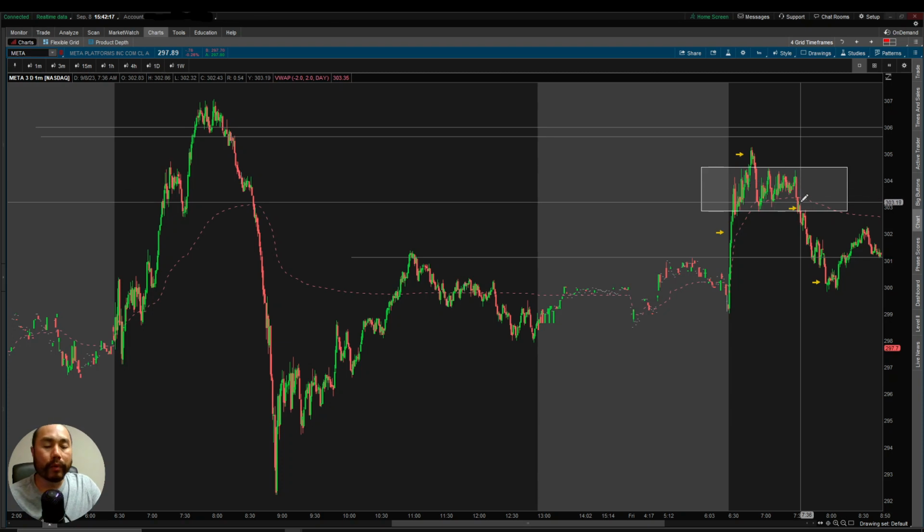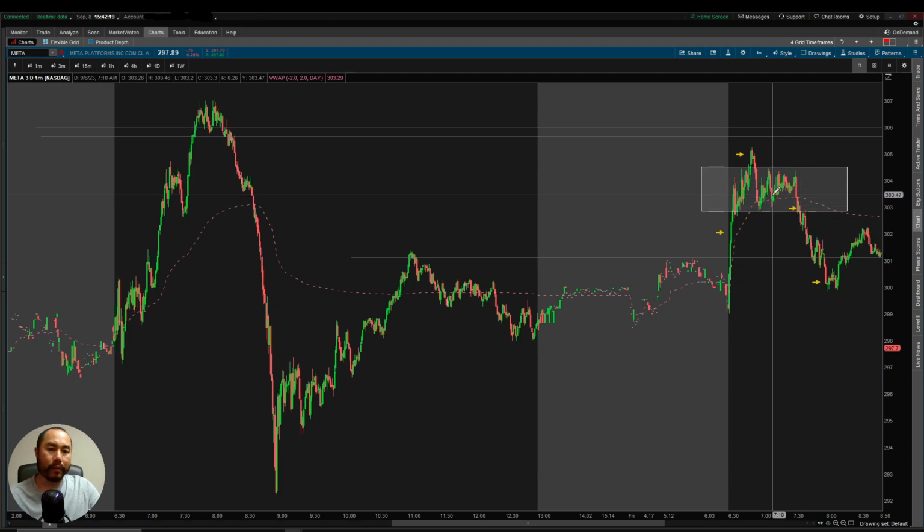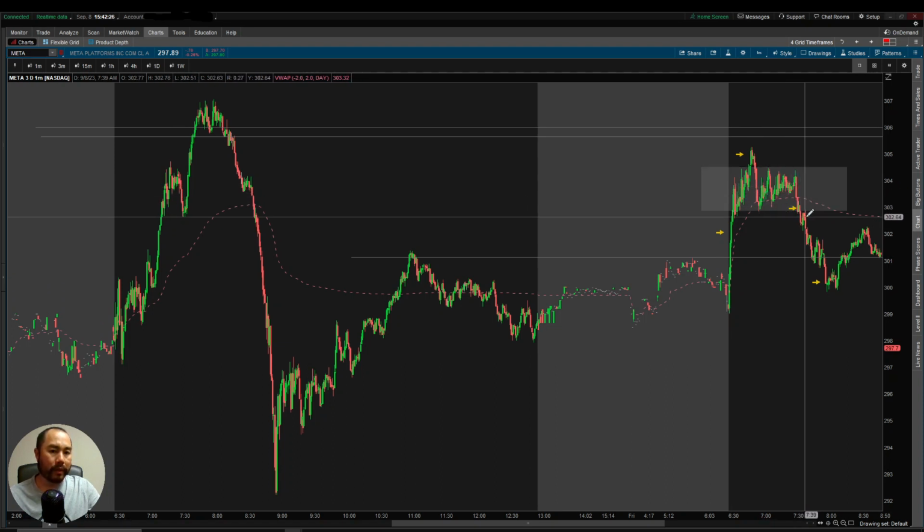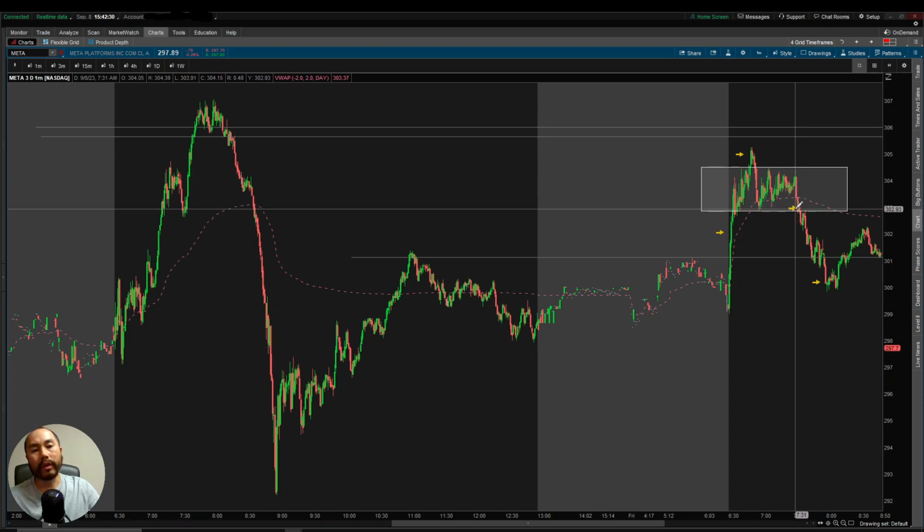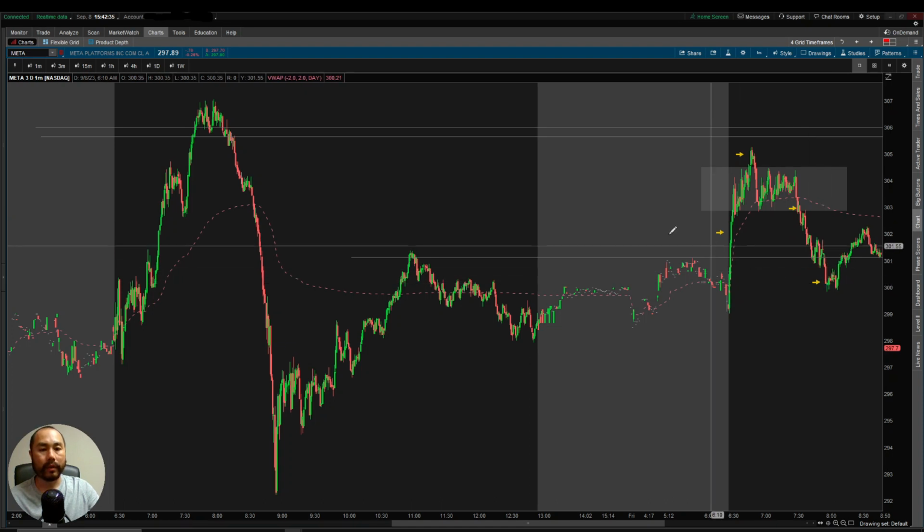So once it breaks this box, like I was giving it to VWAP. This is my VWAP. And if it breaks down on VWAP like this, see this arrow, this is where I got in. This is where I shorted. And I took it all the way down here. Why down here?